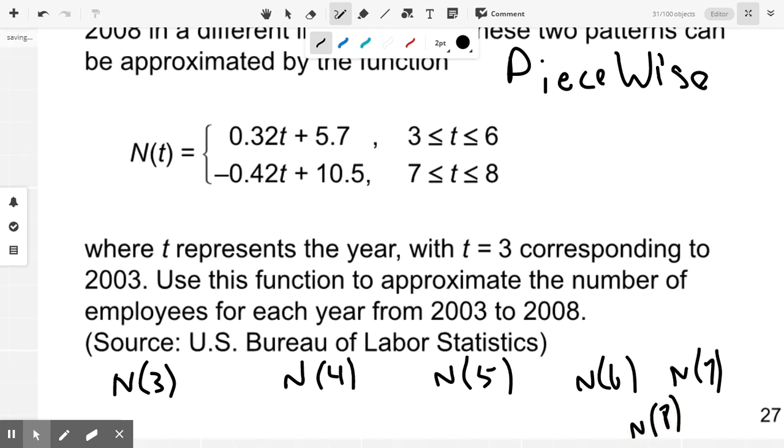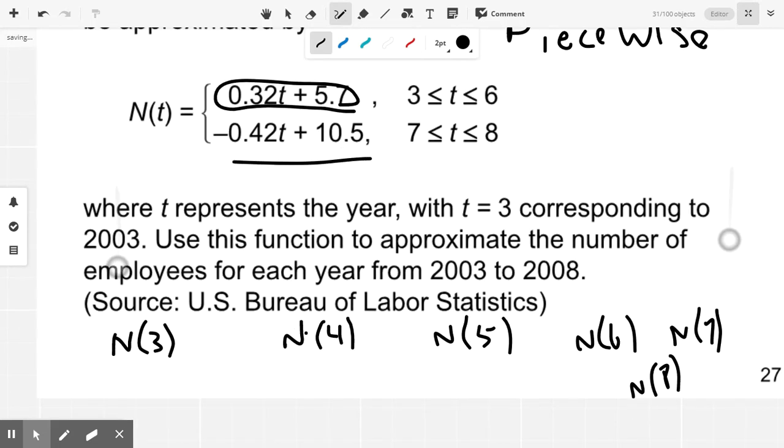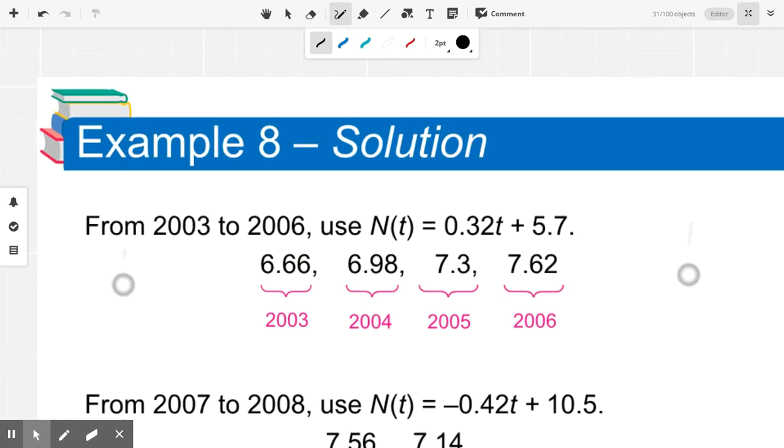The year is the input. They want to know what's the output for each one of those years. So for 3, 4, 5, and 6, I've got to use the top formula to find my output. For years 7 and 8, I've got to use my bottom formula. And I'm sure they do this for us here where I don't have to.